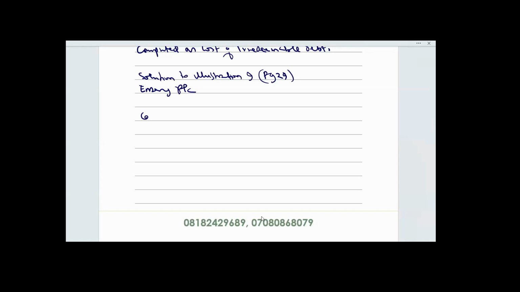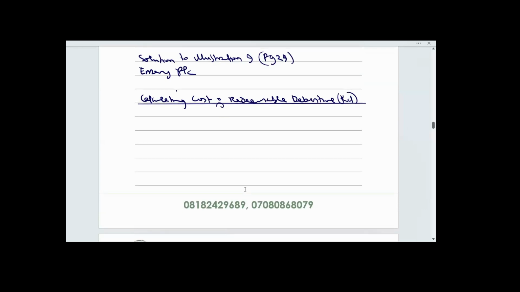Therefore, I would say calculating cost of redeemable debenture, KD. I've already explained to you that cost of redeemable debenture will be calculated as internal rate of return.